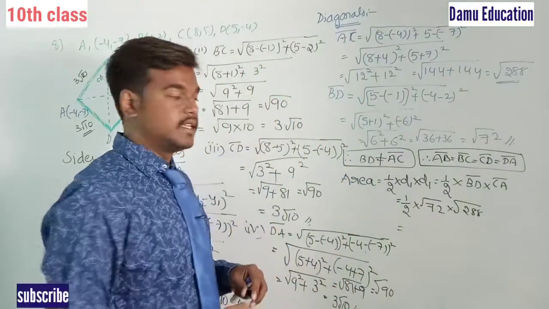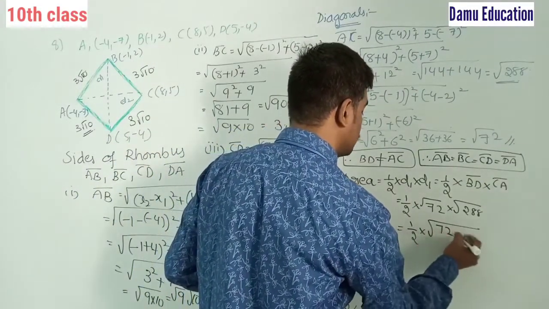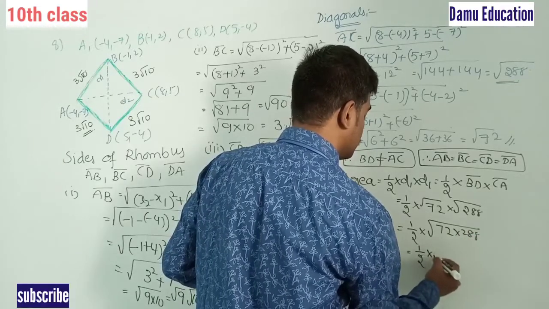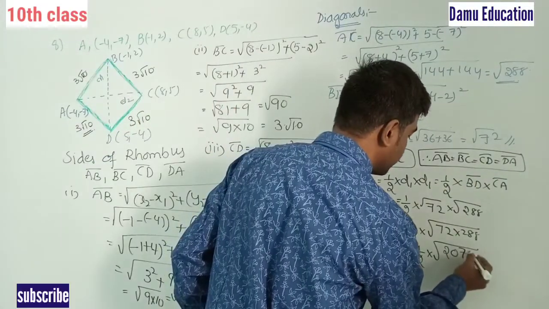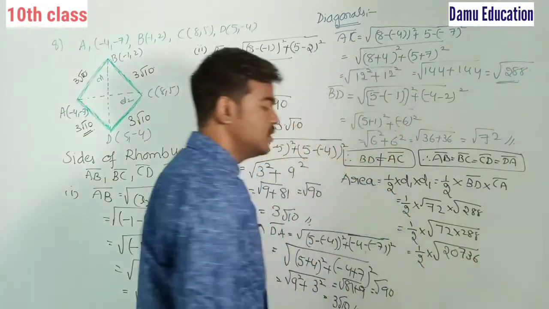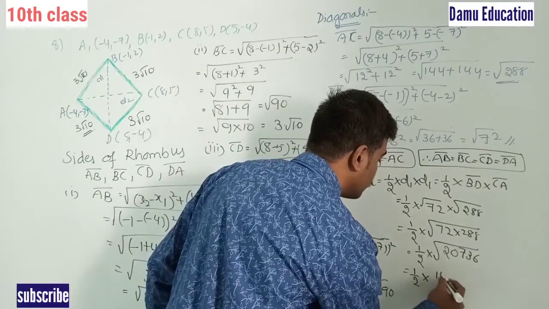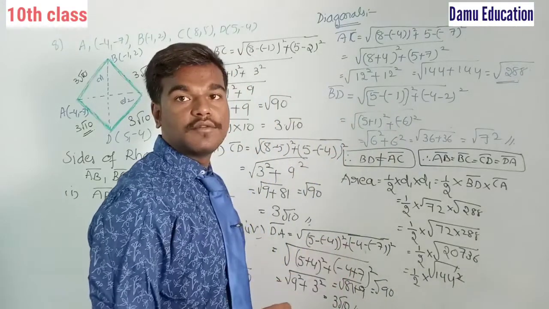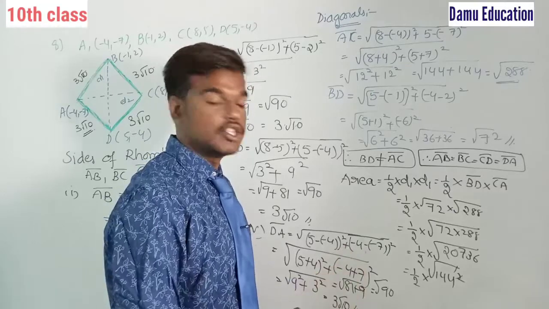That is 1 by 2 into square root of 72 into 288, which is 20736, that is 1 by 2 into 144 square, since 144 into 144 is 20736.